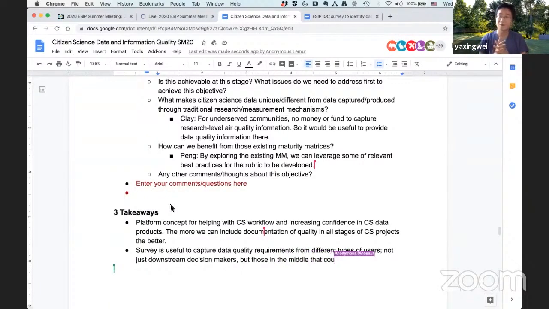I think that's one thing we want to move forward, if that's a conclusion that we can make.